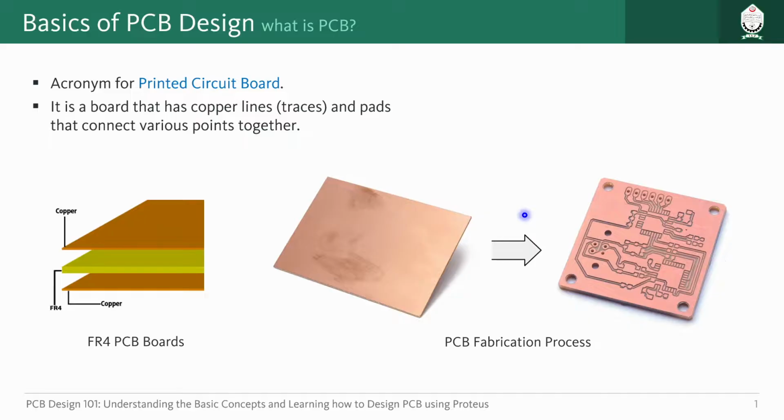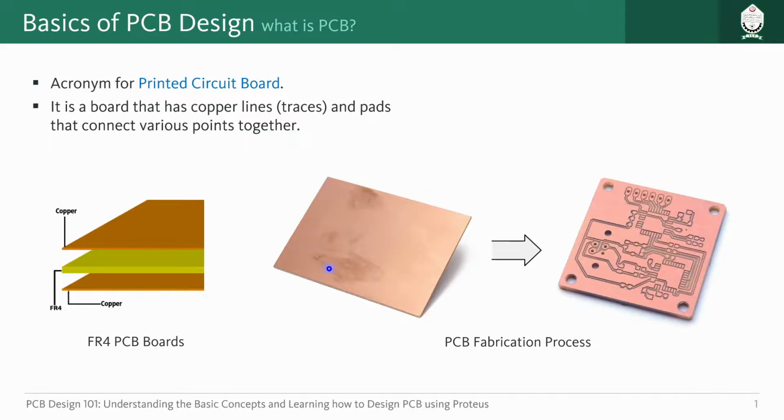In a PCB, all the components of a circuit are embedded in such a way that we have copper lines, which are called traces, and pads, which connect all the components together in a very compact manner, right? Most of the time, the type of board you are going to see in a printed circuit board is called the FR4 board.